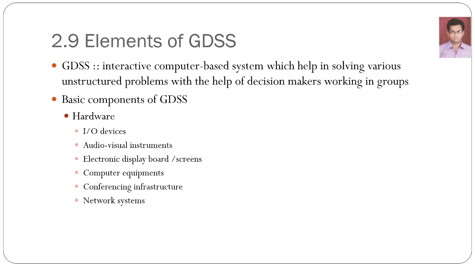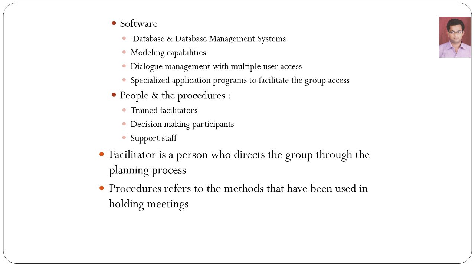Elements of a GDSS. GDSS is an interactive computer-based system which helps in solving various unstructured problems with the help of decision makers working in groups. Basic components of GDSS are hardware, which includes I/O devices, audio-visual instruments, electronic display boards, oblique screens, computer equipment, conferencing infrastructure, and network systems.